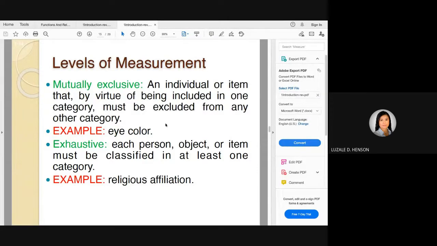Pero meron din tayong exhaustive. Ano naman yun? When an entity or element can have more than one category. Let's say, for example, in this case, I gave religious affiliation. Of course, practical naman, no? In reality, you can have 2 religions.